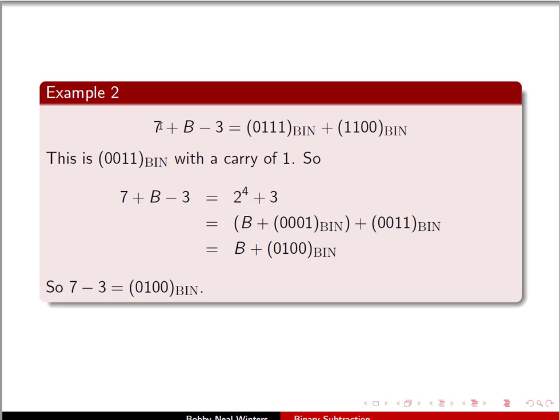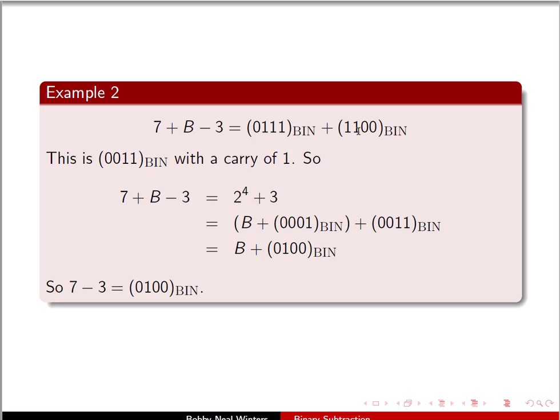So here let's take 7 plus b minus 3. Again, if we're thinking of b minus 3 as negative 3, we're going to expect to get 4 out of this. So let's take a look. 7 is 0, 1, 1, 1.